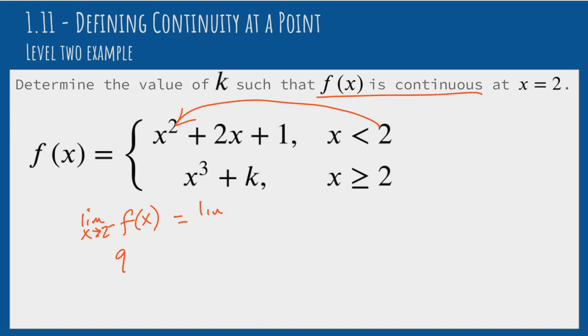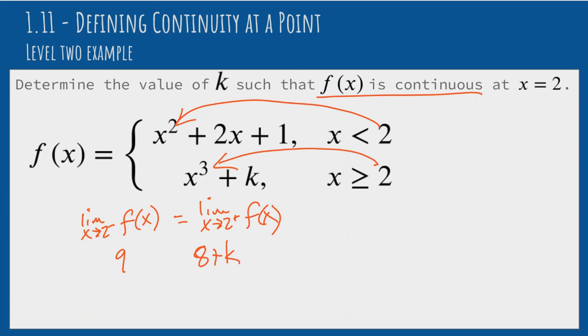And the limit as we approach from the right of f of x, which is going to be our bottom branch, we figure that out by plugging 2 in for x. In this case, that's going to be 8 plus k, and those two limits have to be equal to each other. Now, this bottom one here actually does two things for us.